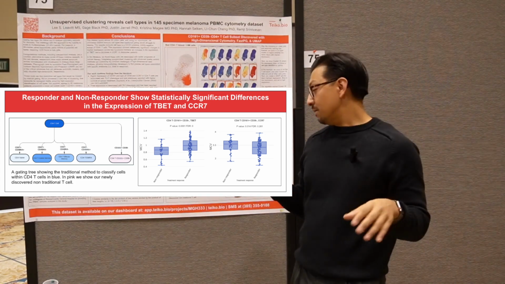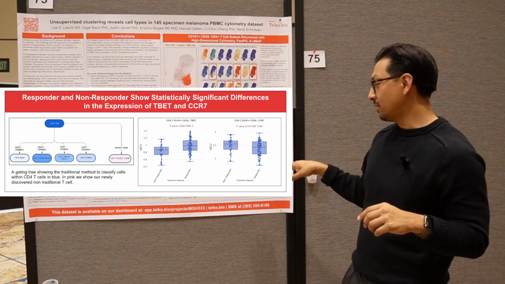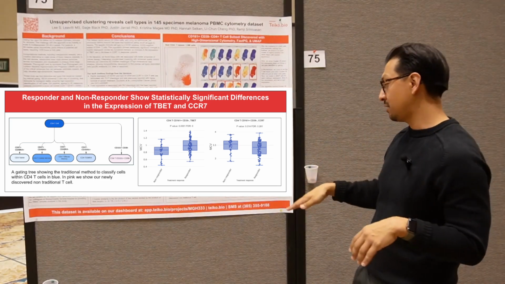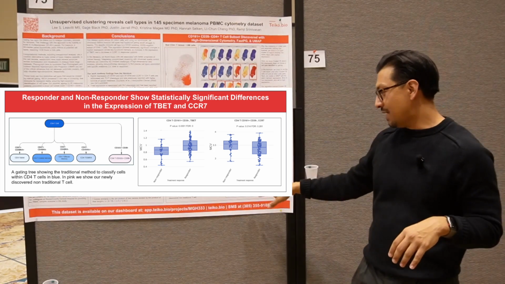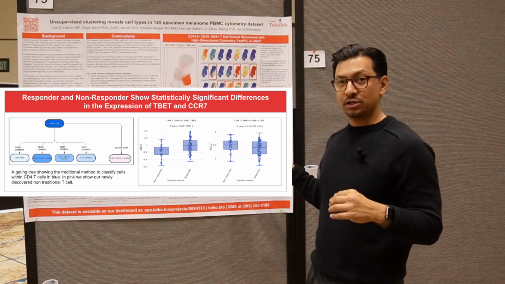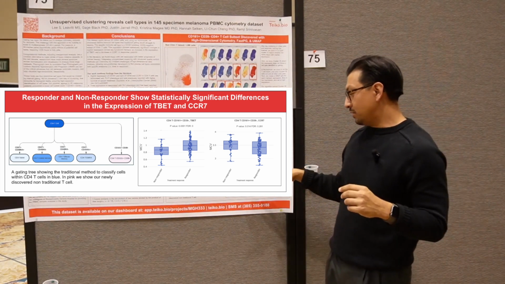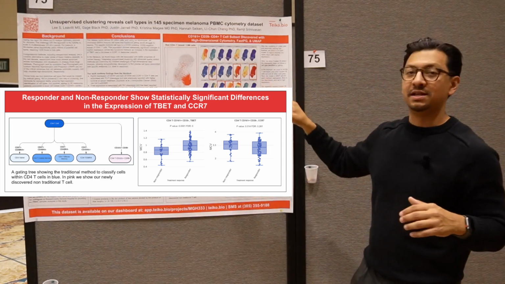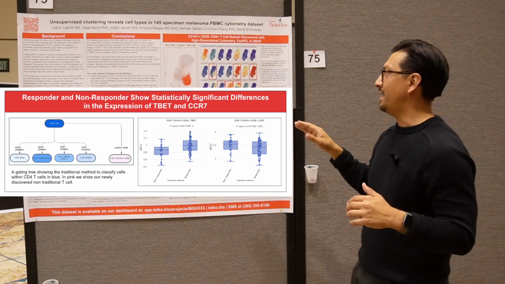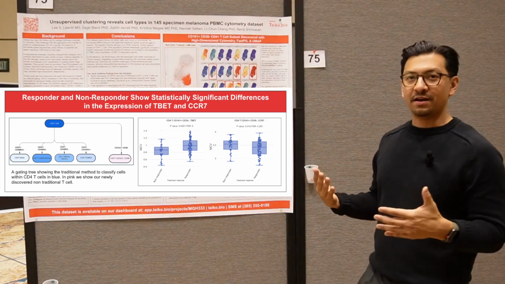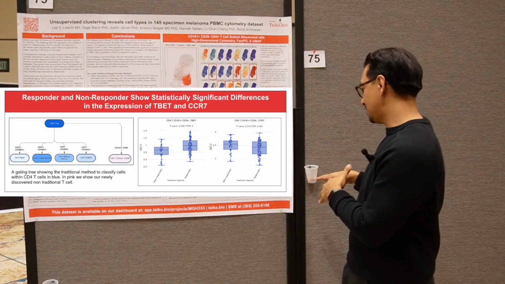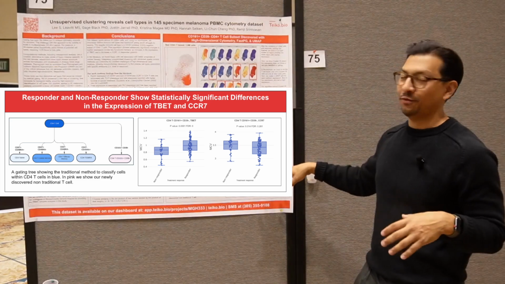Frequencies didn't differ, but when it came to markers, we did see some differences, particularly with T-bet expression and CCR7 expression. With T-bet, we saw an increased expression level in the responders versus the non-responders within the CD161 positive, CD39 negative, CD4 positive T cells.